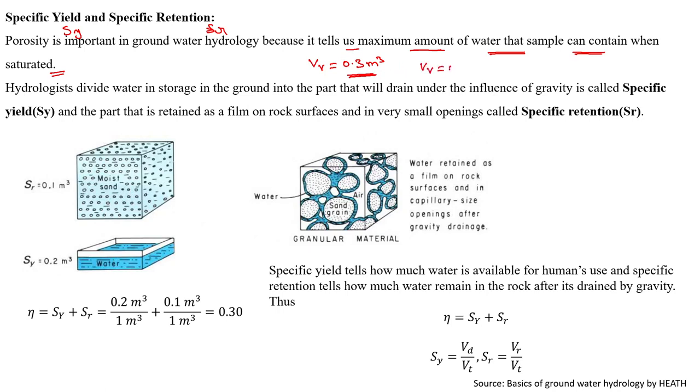Suppose the volume of voids is only 0.1 meter cube, then only 0.1 meter cube of water can be supplied to the soil sample to become saturated.